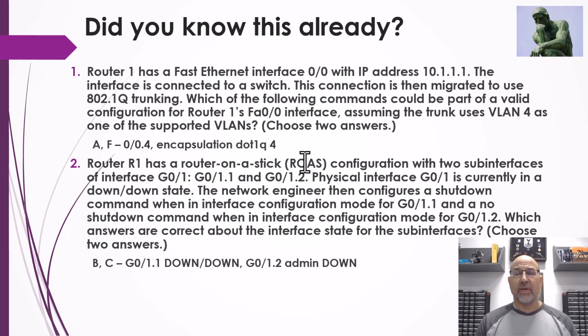The network engineer then configures a shutdown command in the interface configuration mode for subinterface 1.1 and a no shutdown command in the interface configuration mode for the G0/1.2 subinterface. Which answers are correct about the interface state for the subinterfaces? Well, it's pretty straightforward. Wherever you issued the shutdown, that's going to be administratively down. And G0/1.2 is going to be down because the physical interface is down.